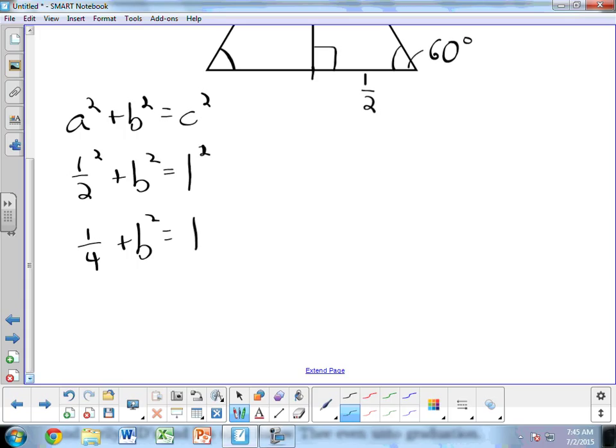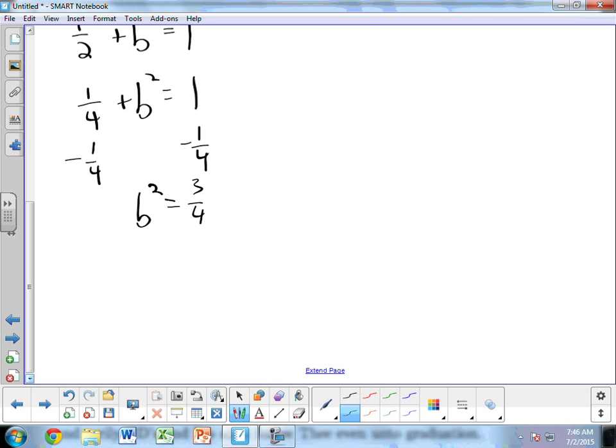I'm going to subtract 1/4 from both sides. This gives me that b squared equals 3/4. Now, in order to get b by itself, I take the square root of both sides.